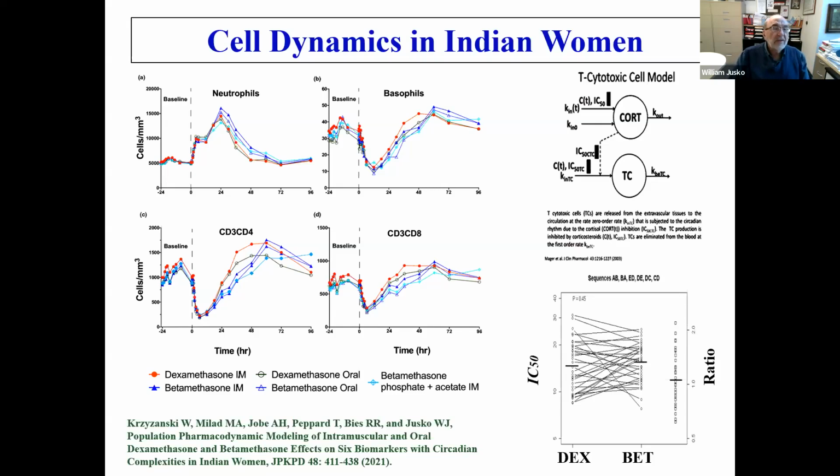You see the numbers going up and down. Then when the steroids were given, you see a drop in the number of cells, a slow return towards baseline over 48 hours. And then roughly between 48 and 72 hours, there's a rebound where the cell numbers go up higher than the baseline. So we could characterize these curves with various PK/PD models that we developed in the past.